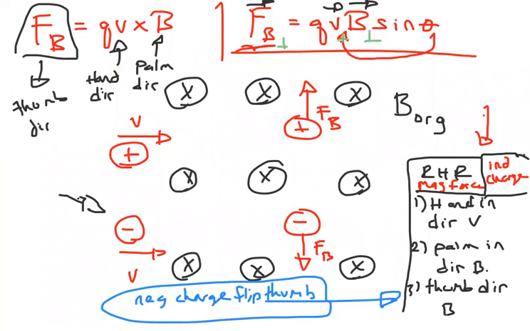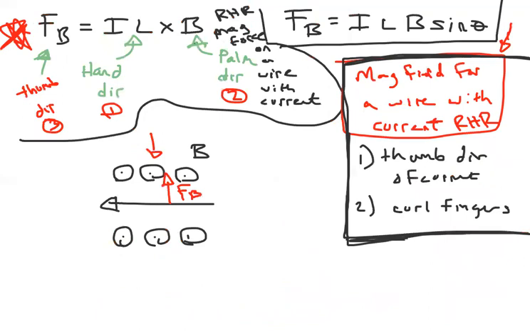So that is also going to be true here, where if there's a magnetic force there, then all three of these things are going to be perpendicular to each other. So L is perpendicular to B, and both of those are perpendicular to F. In this case, L was in the X direction, B was in the Z direction, and so the only direction that FB could have been in was the Y. And we just had to do the right-hand rule to figure out that it was up.